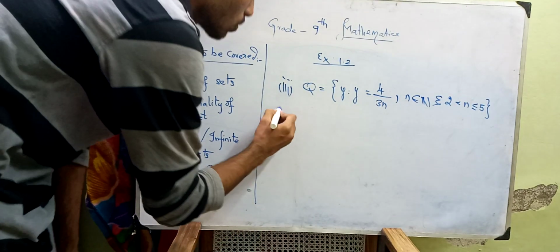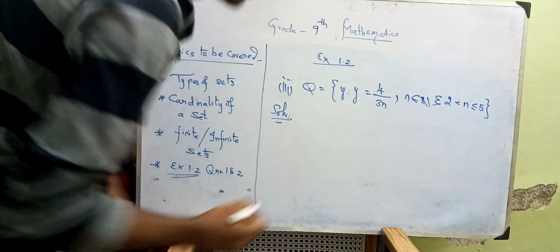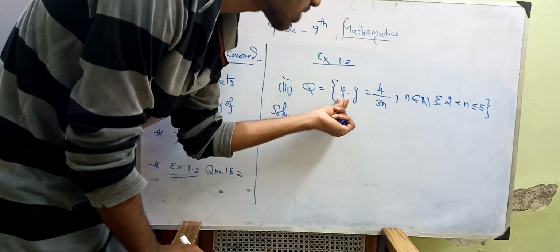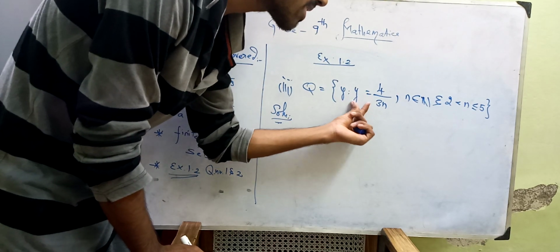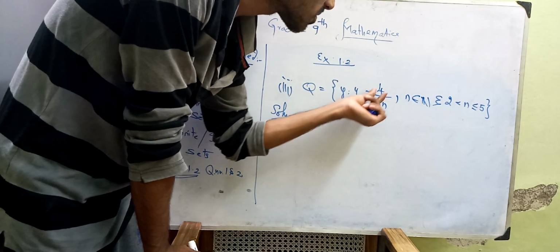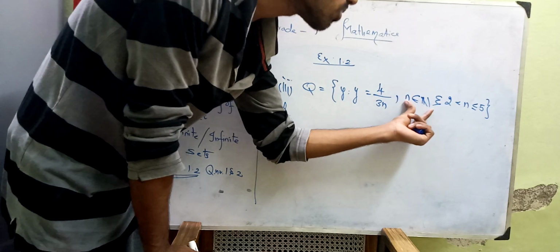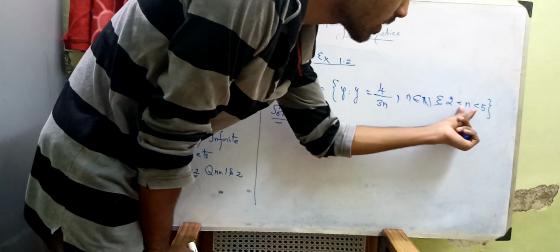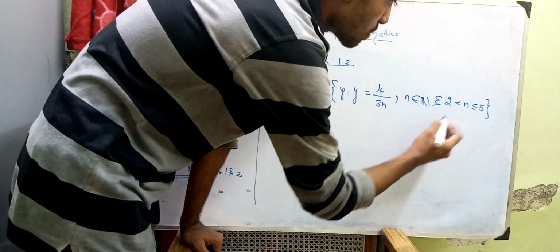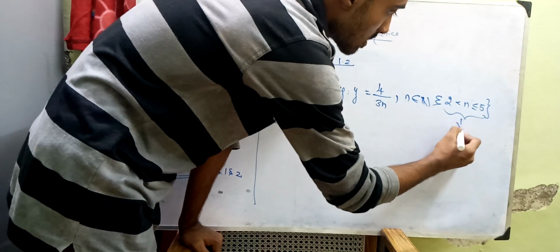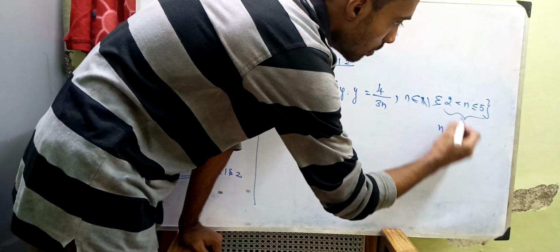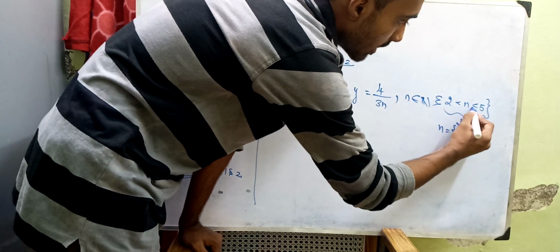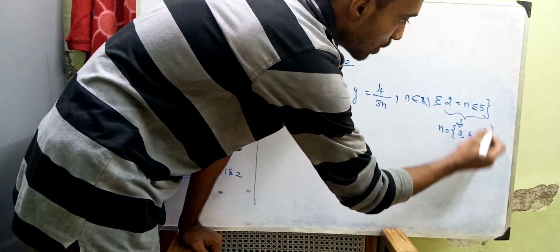So what was the solution for this one? Because Q is a set, a collection of all y's, but y has certain conditions. What are those? y is 4 upon 3n. n should be taken from natural numbers, and there is another condition for n. n lies between 2 and 5, meaning n is more than 2, so it starts from 3, and up to and equal to 5.